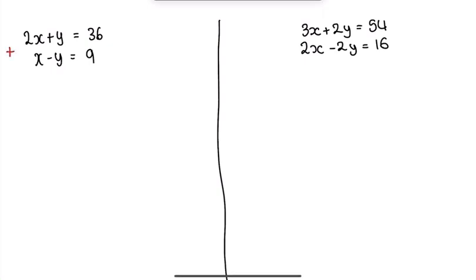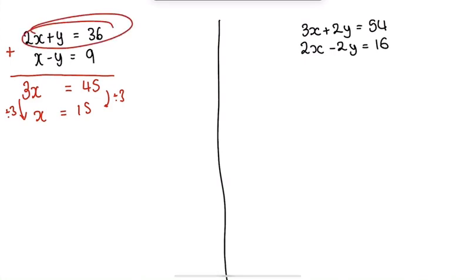Now for this first one, remember we're adding them together because the y's are the same but they have different signs. 2x plus x is just 3x. 36 plus 9 is 45. And I can solve this by dividing both sides by 3. Therefore, I know that x is 15. We're not done there yet.